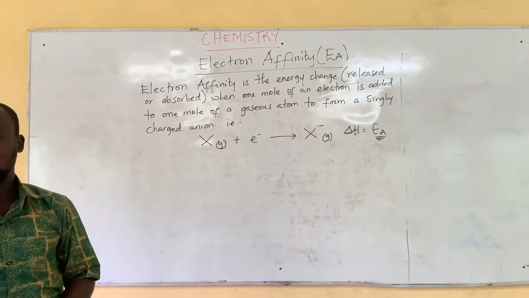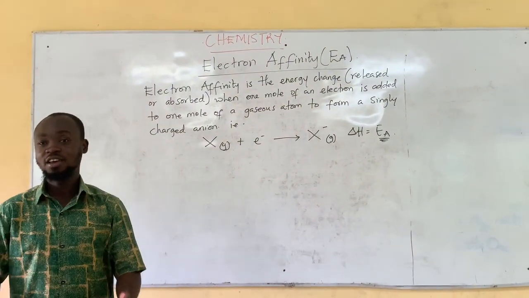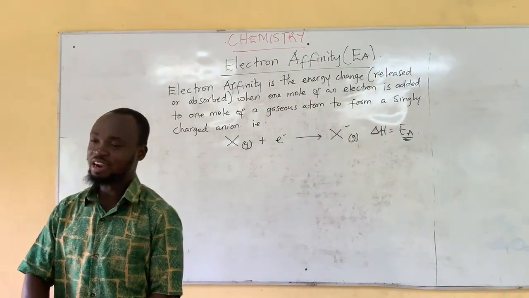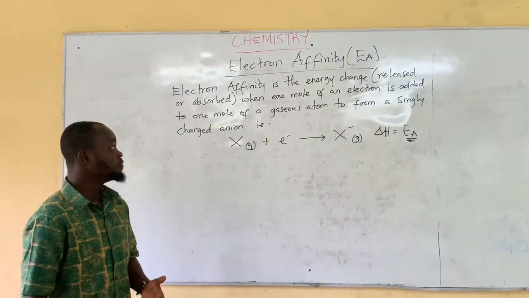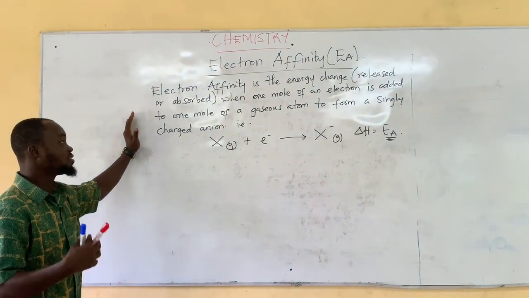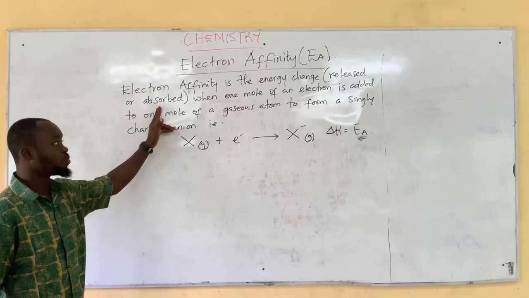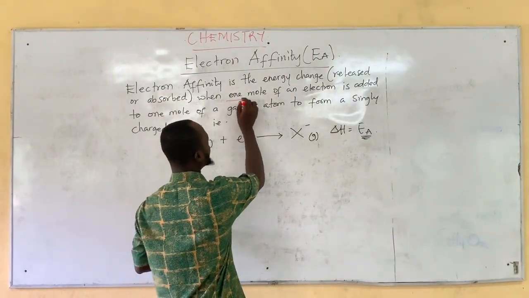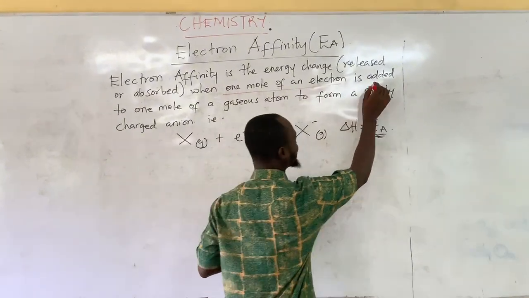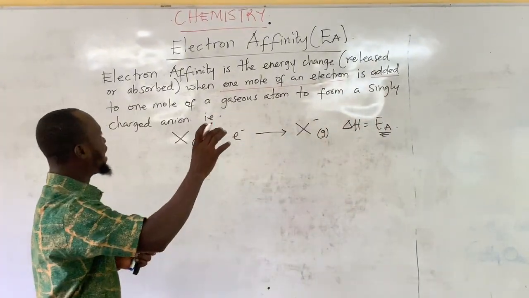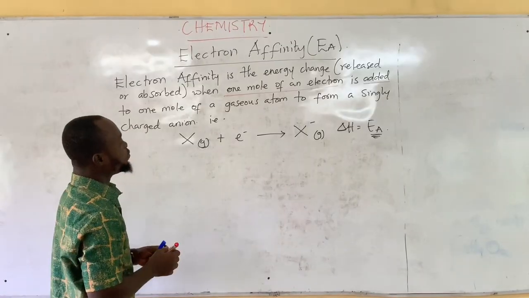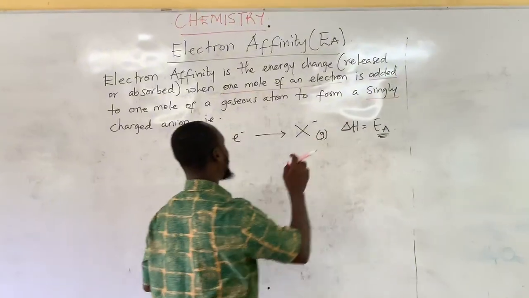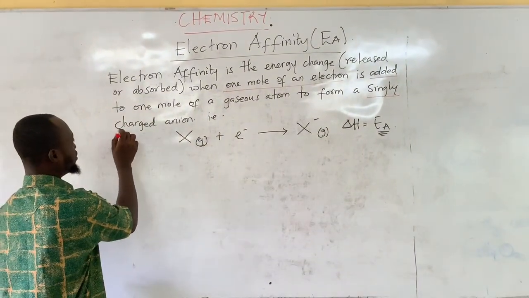When we say affinity, affinity simply means loving. So electron affinity simply means electron loving. That is at a basic level. Per definition, it is an energy change, that is, energy released or energy absorbed when one mole of an electron is added, so the key word here is added, to one mole of a gaseous atom to form a singly charged anion.